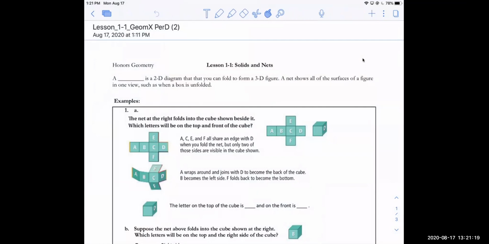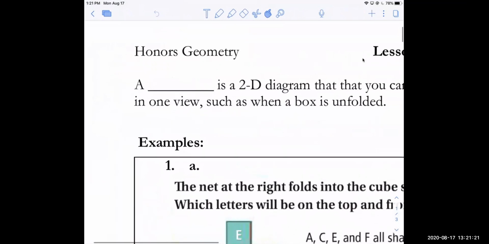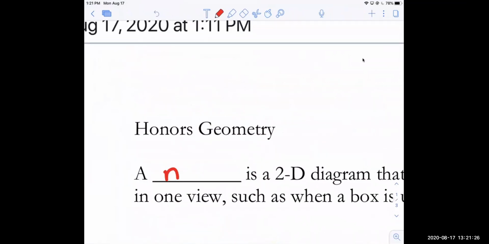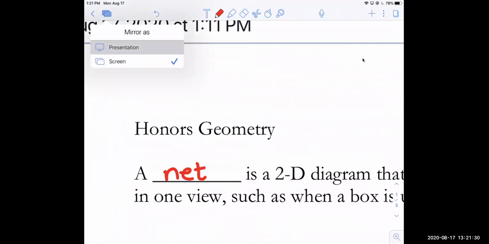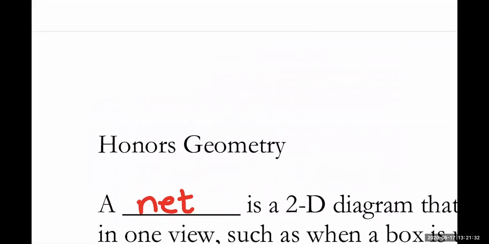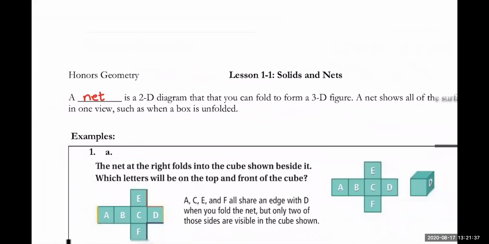But this is lesson 101 about nets. A net is a 2D diagram that you can fold to form a 3D figure.